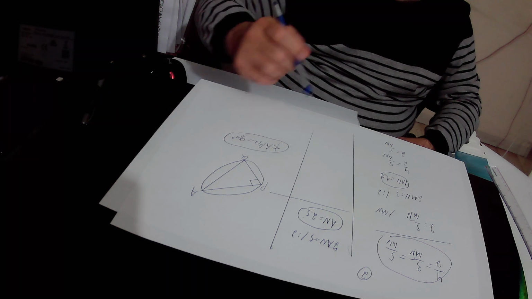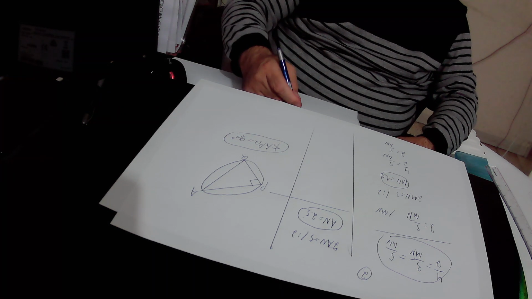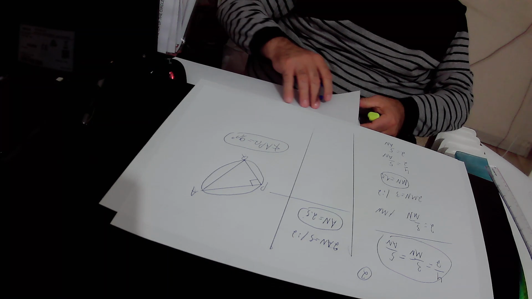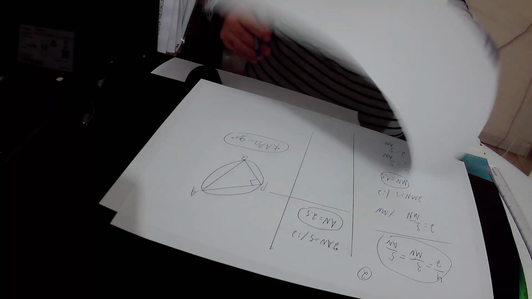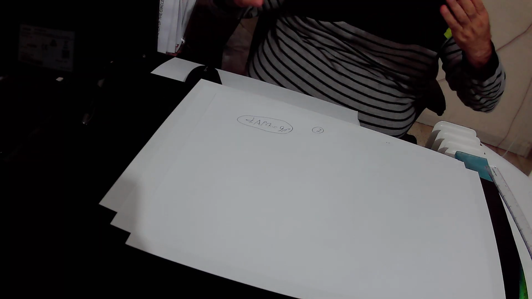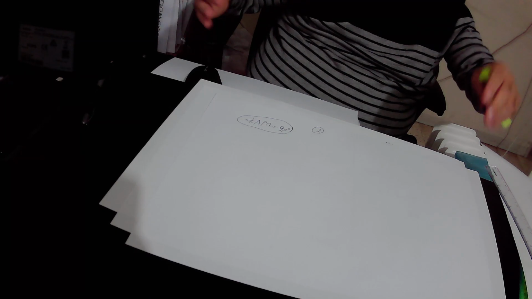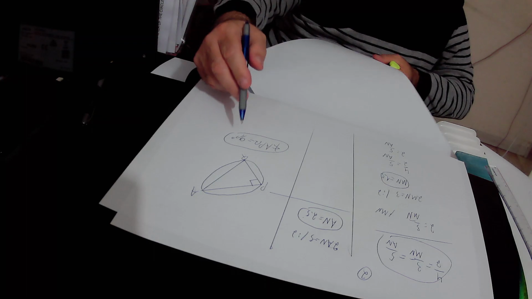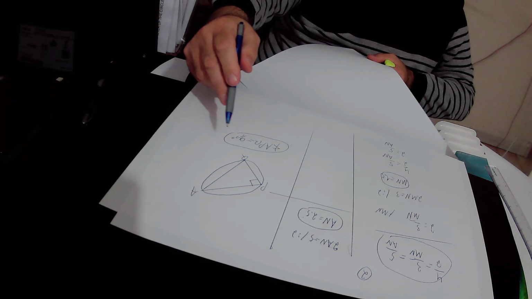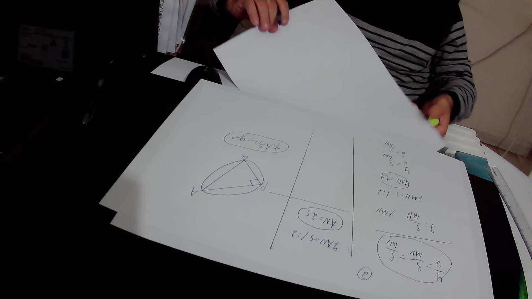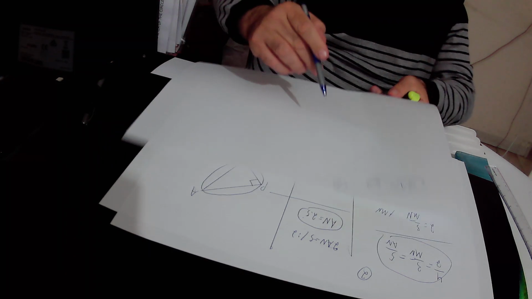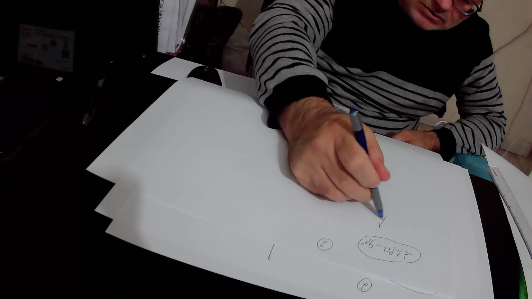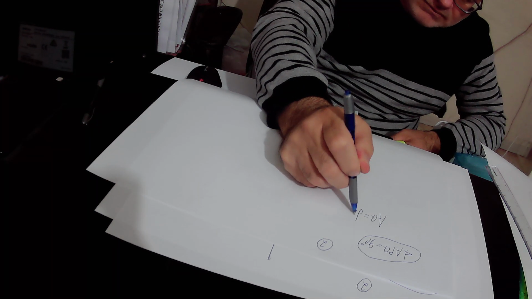Therefore, chord AQ is the diameter of the circle.